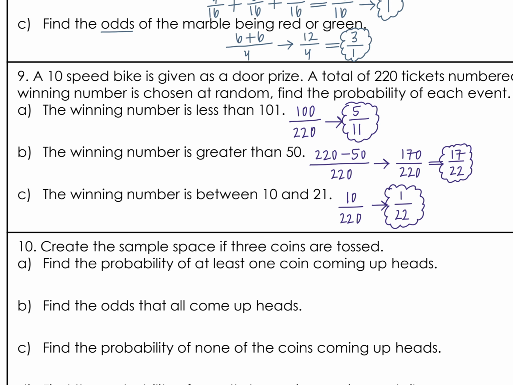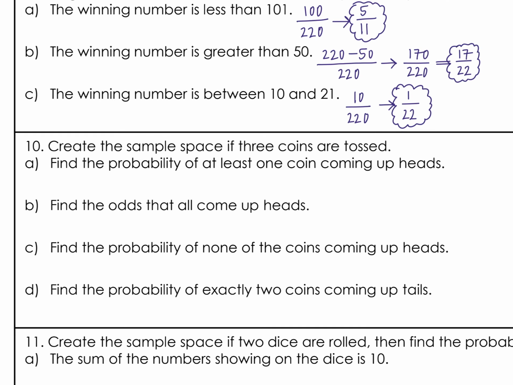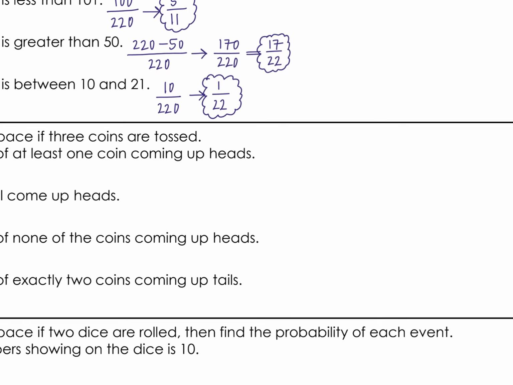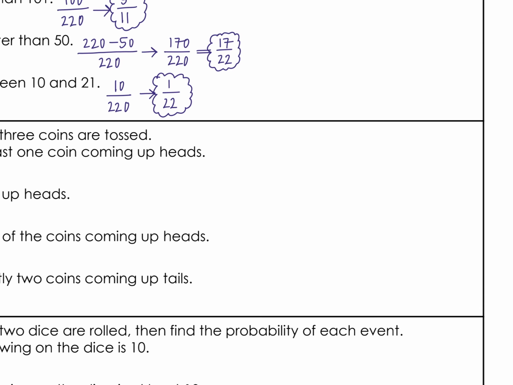All right, moving on, we have 2 more problems. For both of these, we are going to create a sample space. So be prepared to write. Some are going to be longer than others. We do have create a sample space if 3 coins are tossed. Okay, so what are the different ways that they could land?